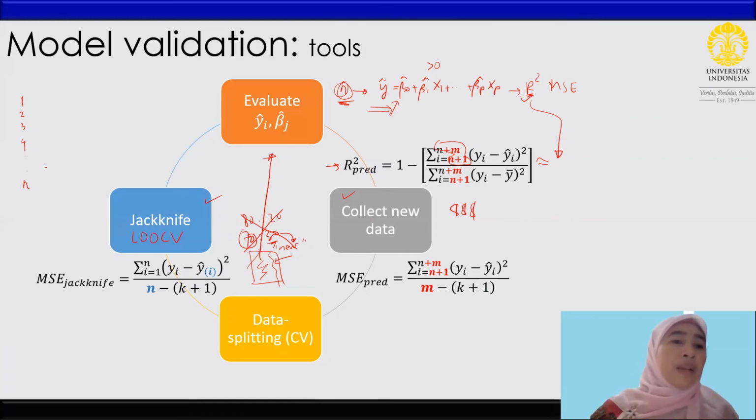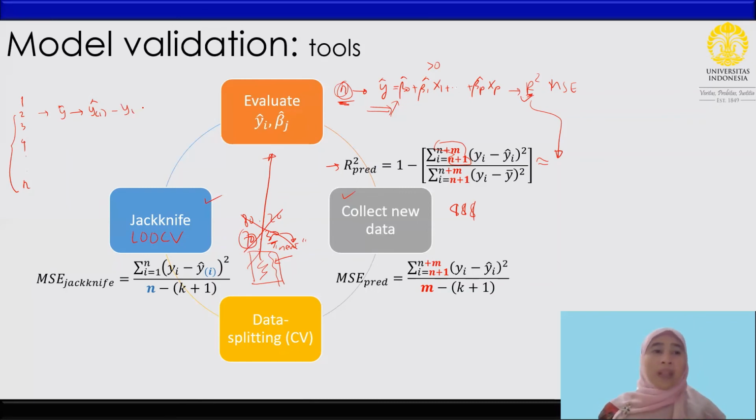For the first step, using the n-1 data points, we get the equation of the line, and from this equation we can predict the first observation that we left out when we built the model. Then we compare our prediction with the actual value of the first observation.